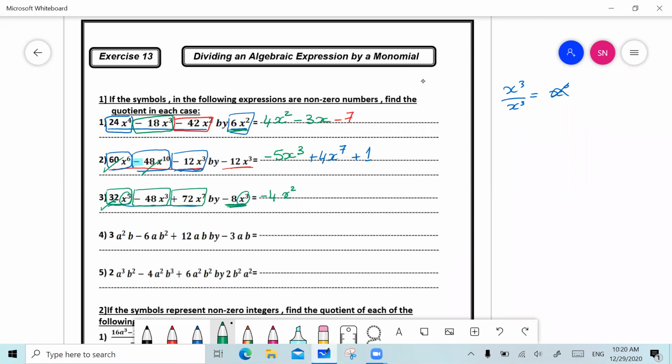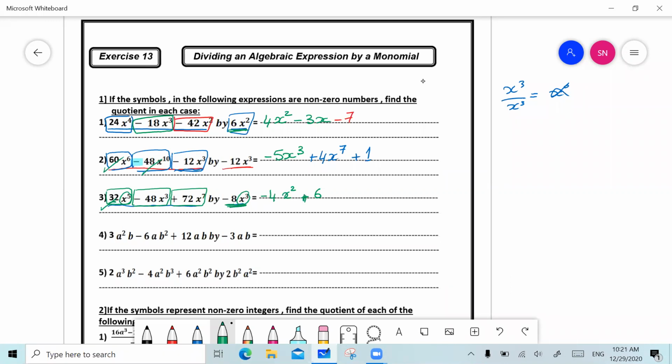Let's go for the second. Negative 48 divided by negative 8 is equal to negative 6. Sorry, positive 6.